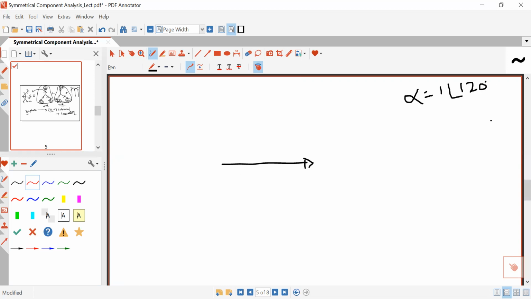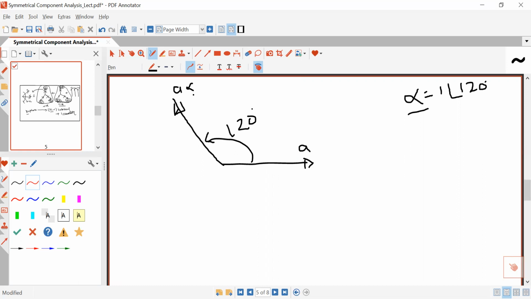I have discussed in the previous video that when any vector A is multiplied with this operator alpha, the vector will rotate by an angle of 120 degree in anti-clockwise direction, but its magnitude will be the same. So if this is A, then this will be A into alpha.